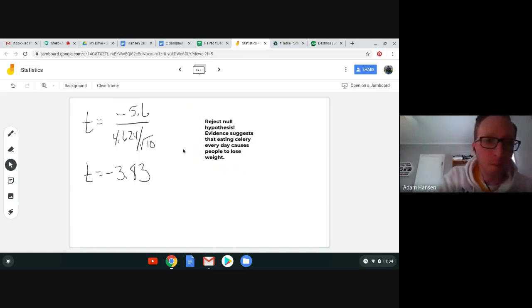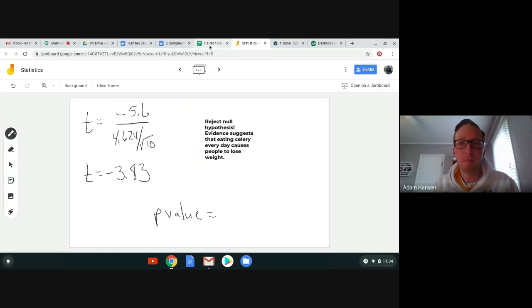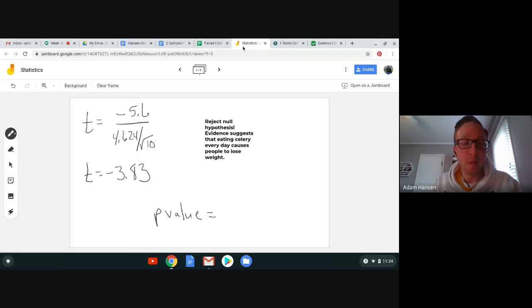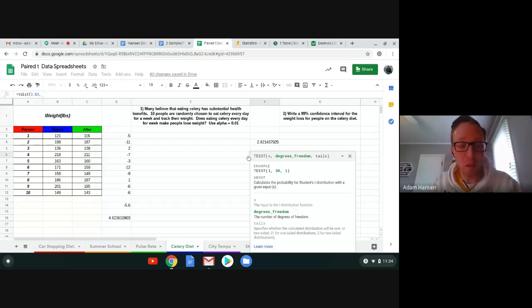For our p-value, we'll need Sheets again. Our t-score was, one more time, negative 3.83. We'll put positive 3.83 in here. We had degrees of freedom next, so 9.